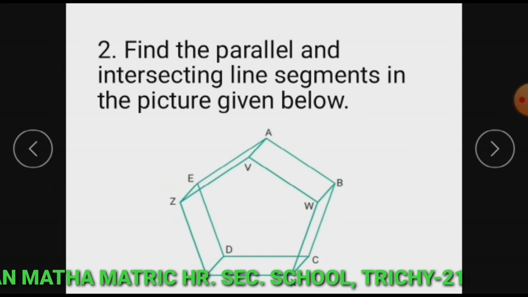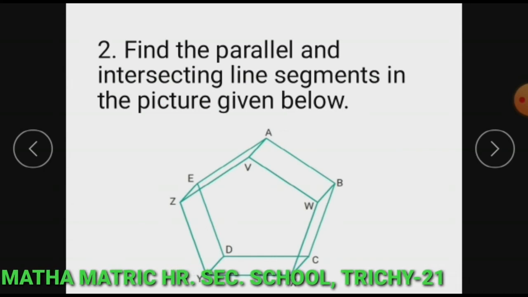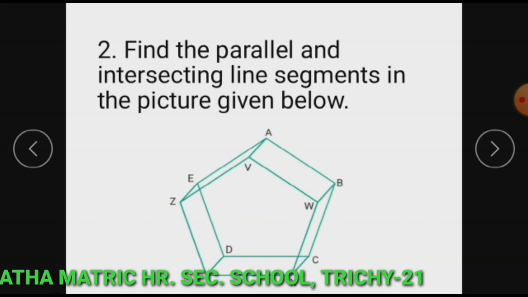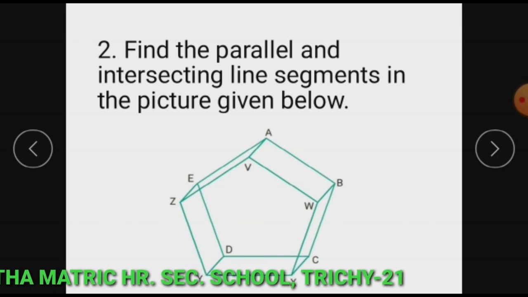Question number 2. Find the parallel and intersecting line segments in the picture given below.